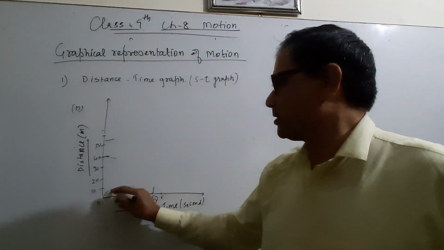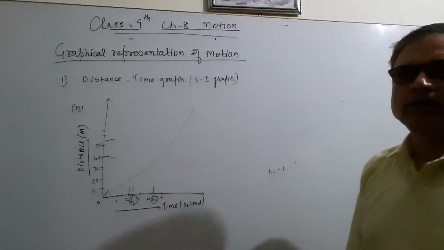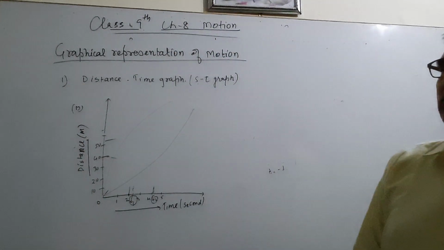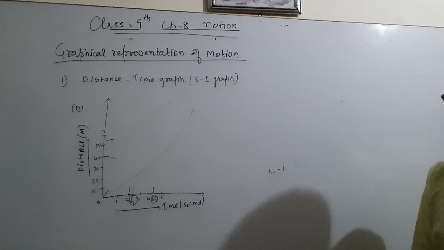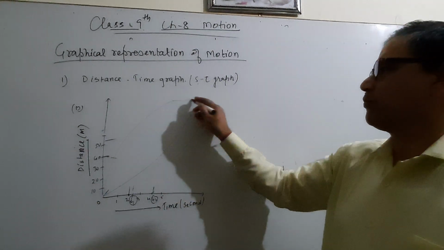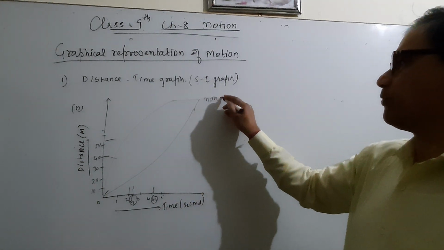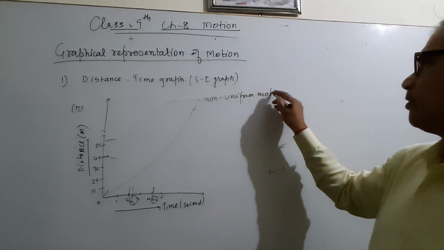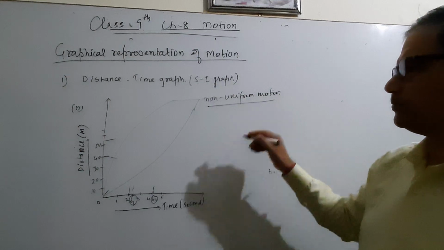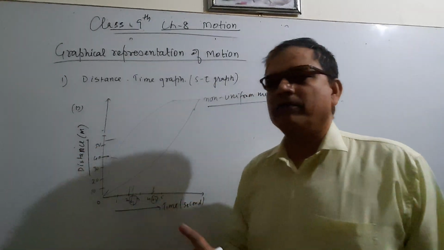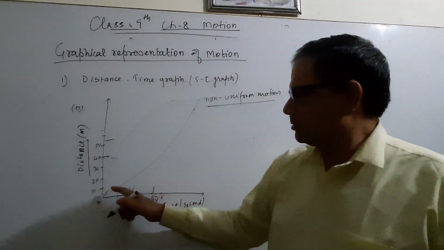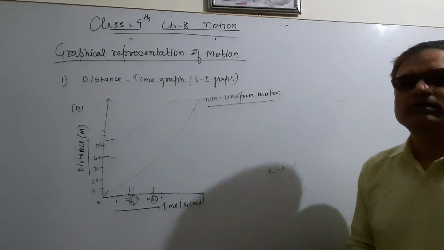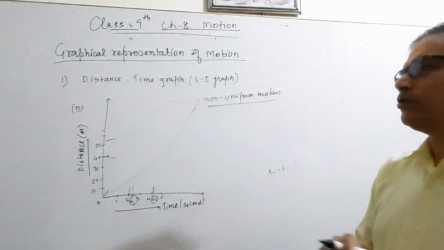If the graph is a curved path like this, or it may be like this, these are all non-uniform motion. It indicates the non-uniform motion, or non-uniform speed. If in a distance time graph the representation is a curved path, then it represents non-uniform motion.